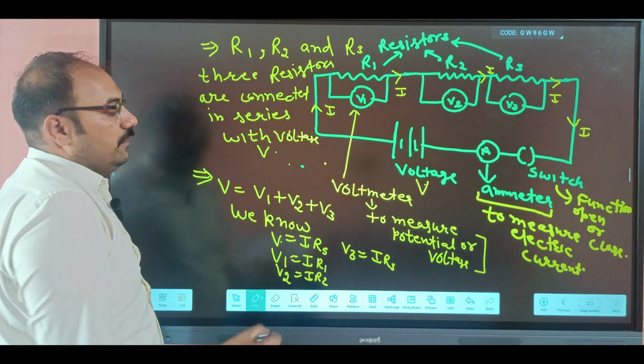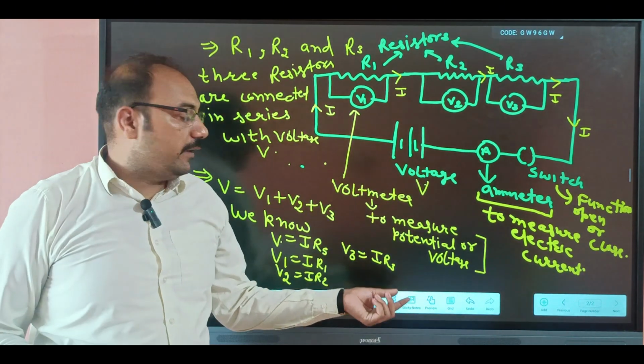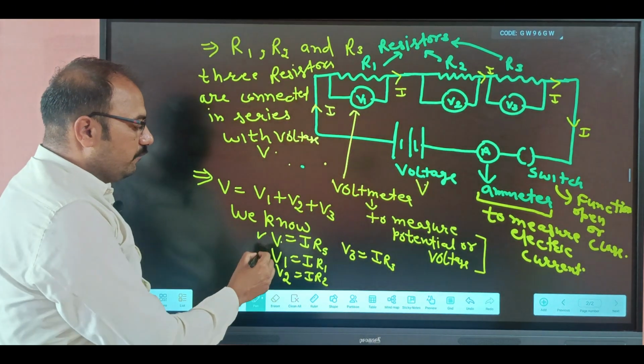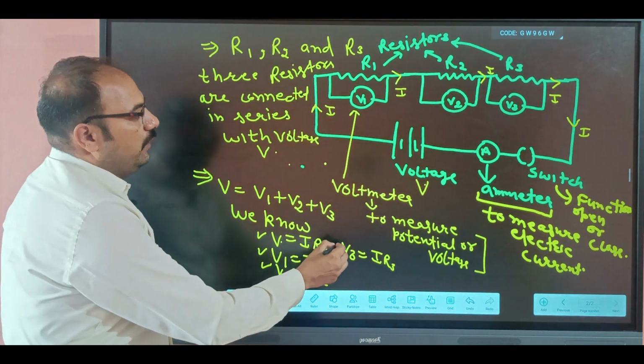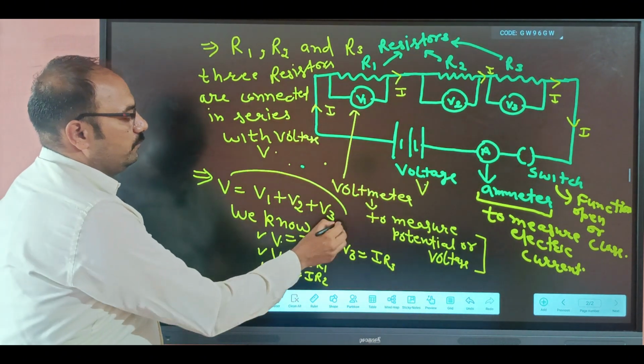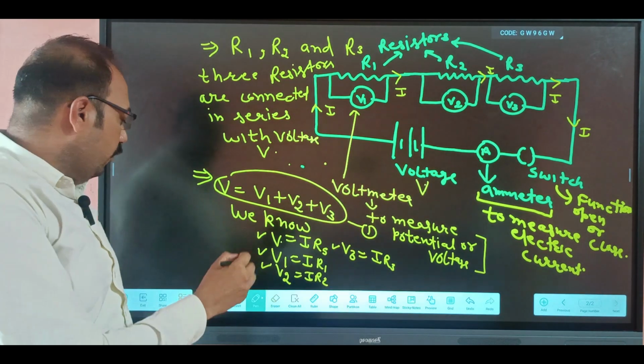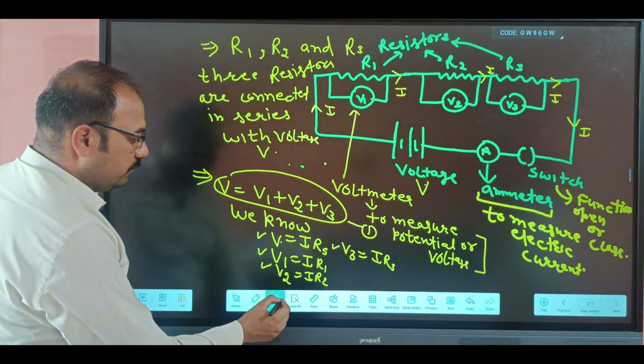So the voltage is equal to the product of current and resistance. These values V1, V2 and V3 we put in equation 1.